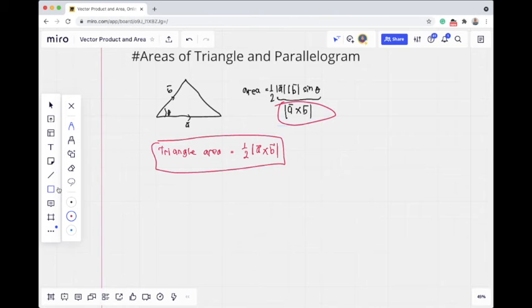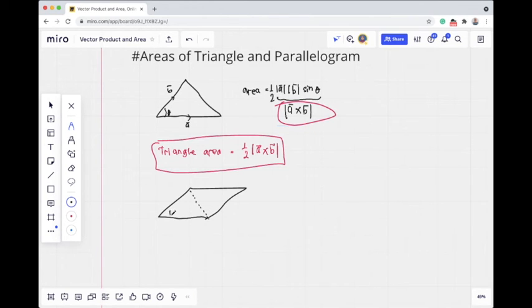Okay, how about parallelogram? If we have a triangle like this one, we know that the area of this triangle is this one, but if I have a parallelogram, it means this is twice the area of the triangle.